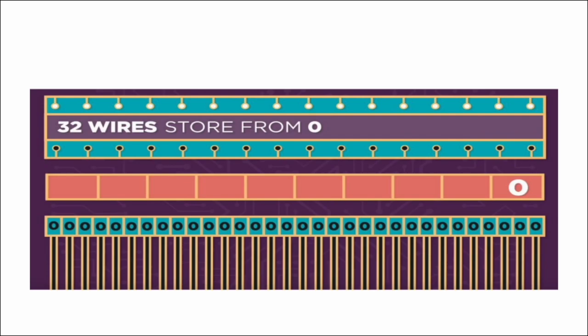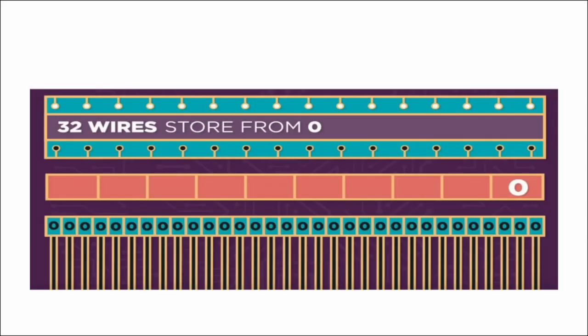This 7 is 2 cube minus 1, and this 15 is 2 power 4 minus 1. 4 wires, 2 power 4 minus 1. 3 wires, 2 cube minus 1. K wires, 2 power k minus 1 is the maximum value. So 32 wires, what is the maximum value? 2 power 32 minus 1. That's it. Clear?